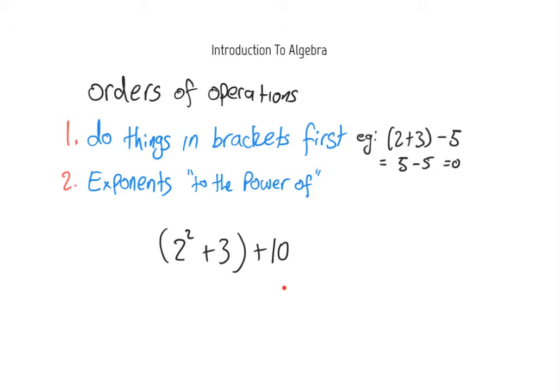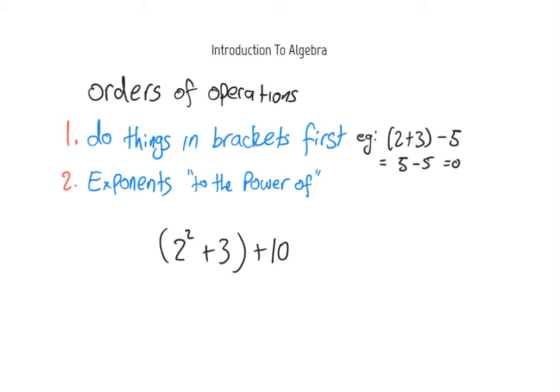So in order to solve this equation, we did say that do things inside the bracket first, meaning we're going to ignore the 10 for now. But since the second rule says do exponents first, what would happen is we do need to solve what's inside the bracket, but we've got an exponent here.